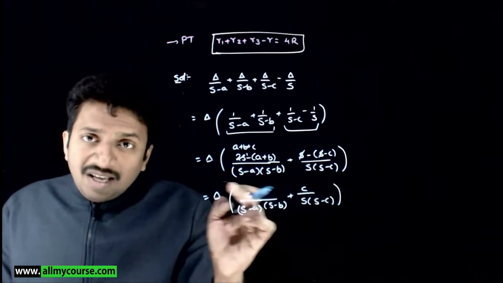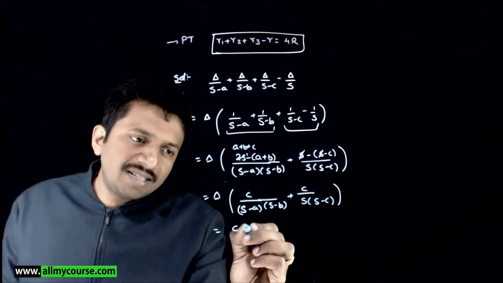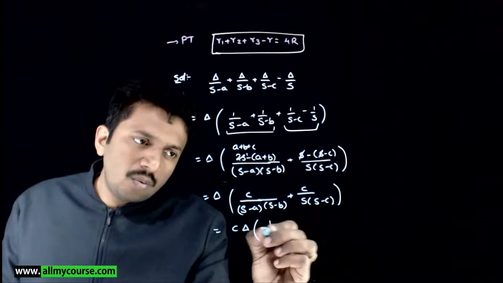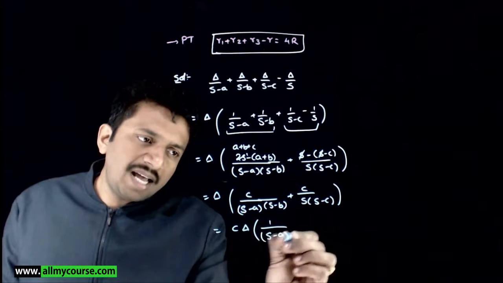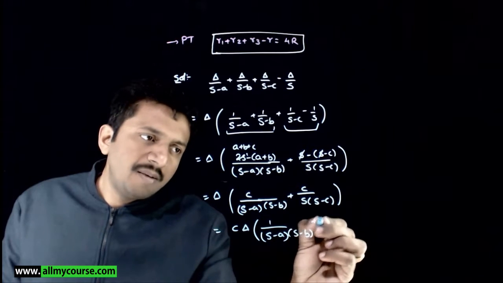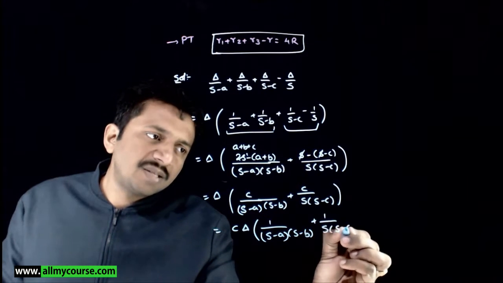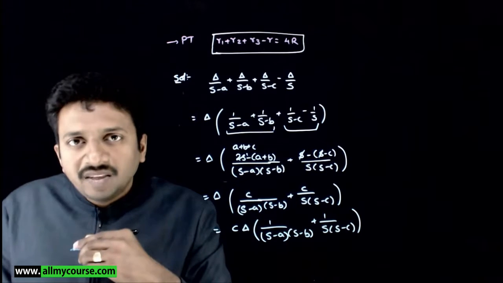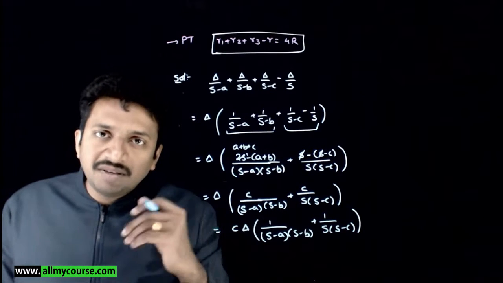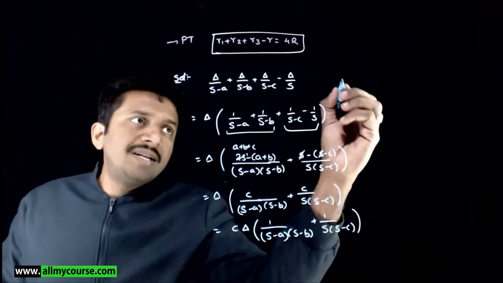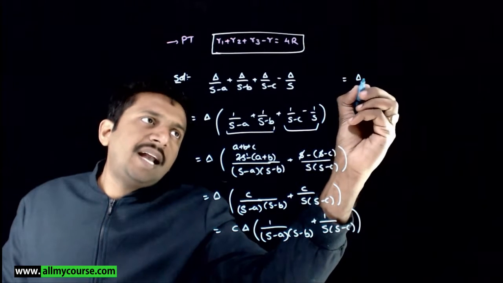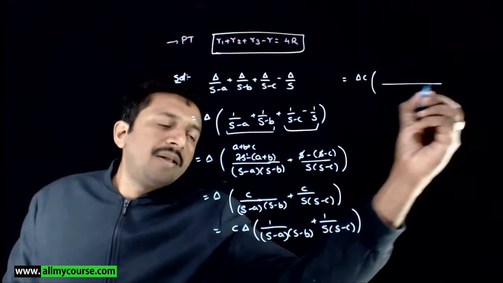So this C can be taken as common. So you get C delta times 1 by S minus A times S minus B plus 1 by S times S minus C. Now let us take the LCM and see what happens. That is equal to delta times C times the denominator.